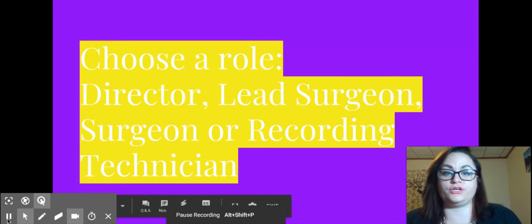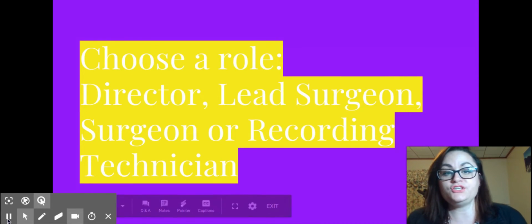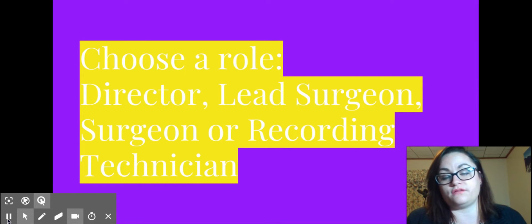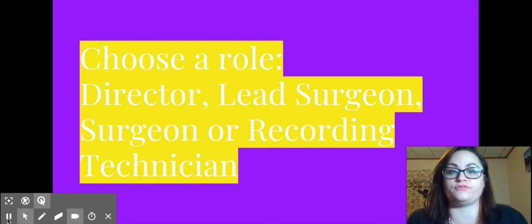Before you begin surgery, you'll need to choose a job. Each of you will have a chance to be each one of the different jobs because you'll be answering 4 different word problems today. There's the director, the lead surgeon, the surgeon, and the recording technician. The director is going to be the one who manipulates the computer in the Nearpod, getting the other team members set up in order to answer the problem.